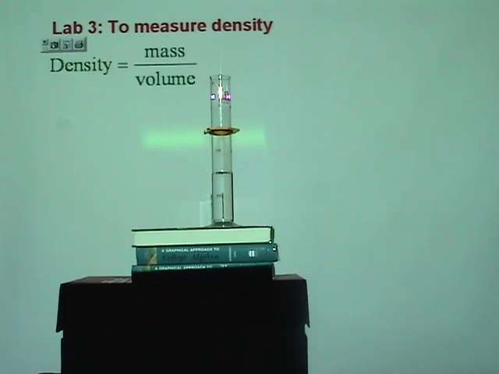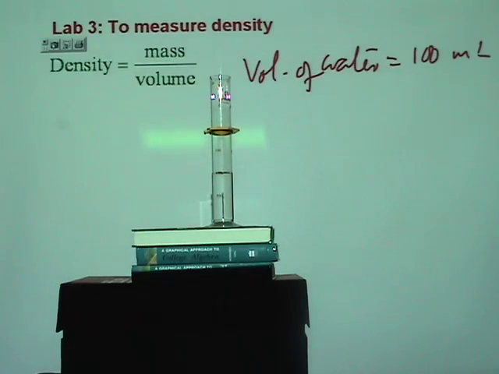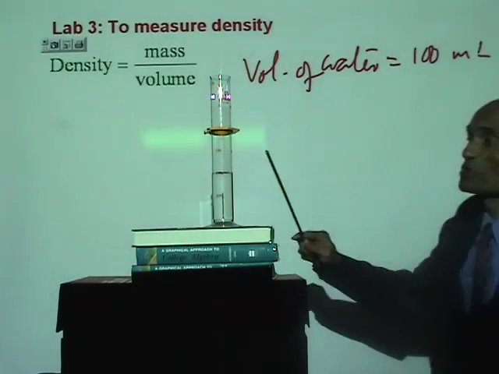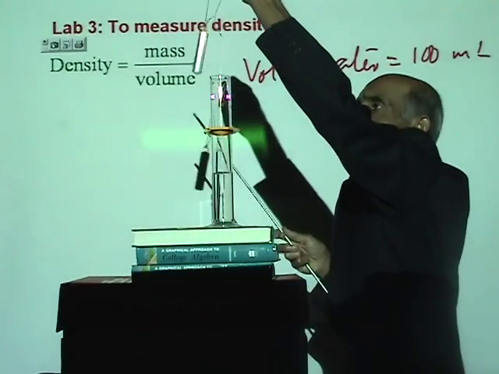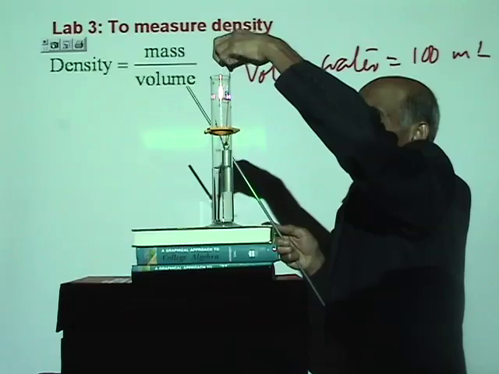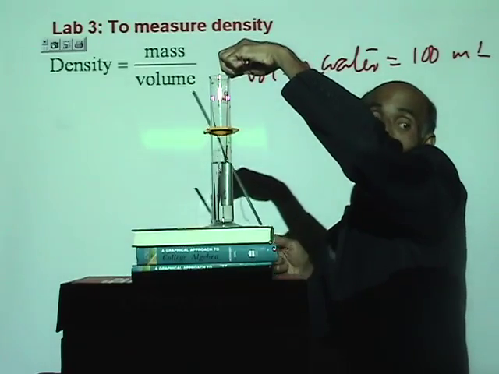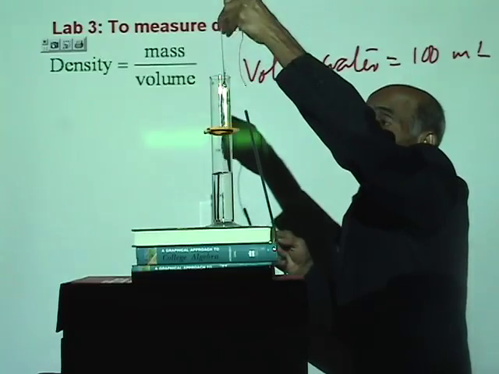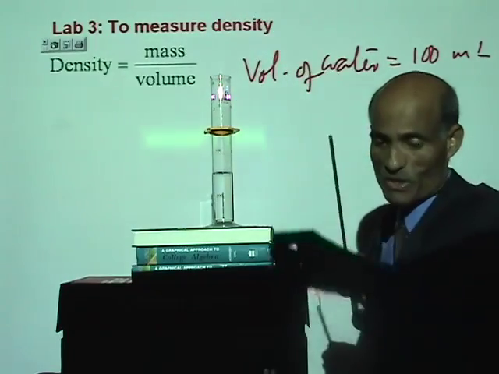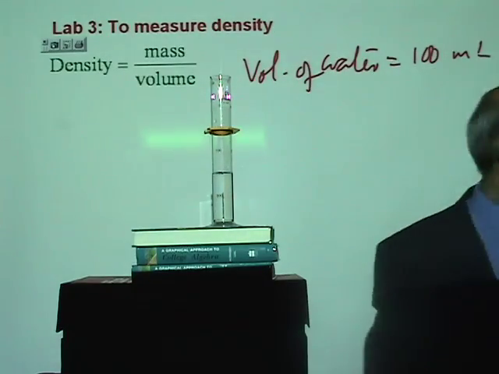Now, the volume of water alone is 100 milliliter, and now when you put the solid in there, you got the volume of water plus the volume of the solid. Is that right? So let's write down that.